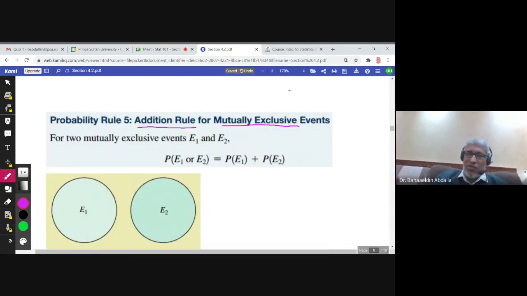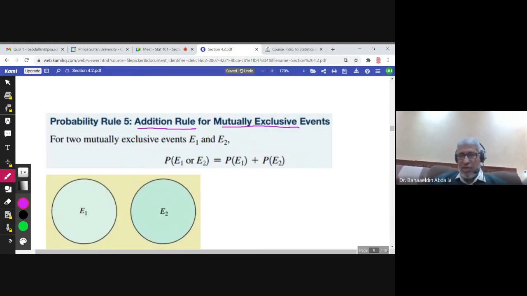What is the meaning of mutually exclusive? It means that E1 intersection E2 is phi. That's the meaning of mutually exclusive. So if the two events are mutually exclusive, then the probability of E1 intersection E2 would be 0.